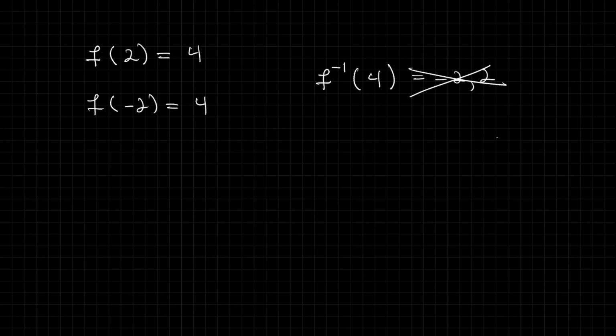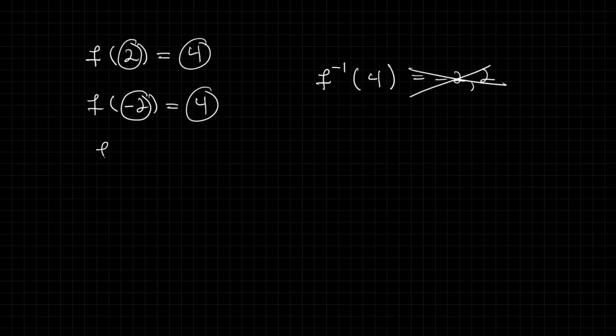Now, the problem is that we have multiple inputs here, 2 and negative 2, which have the same output of 4. Anytime your function has multiple inputs that result in the same output, you're not going to have an inverse function.